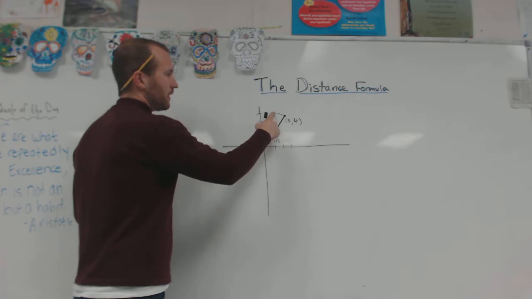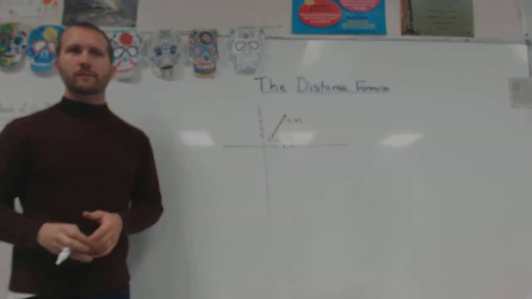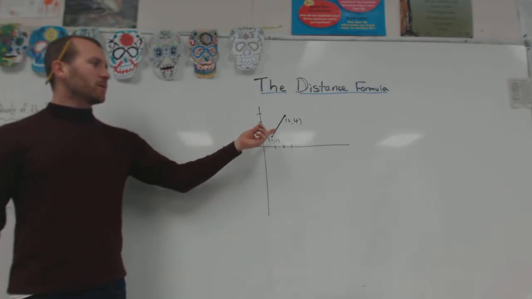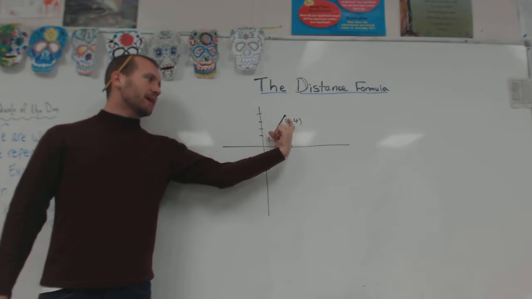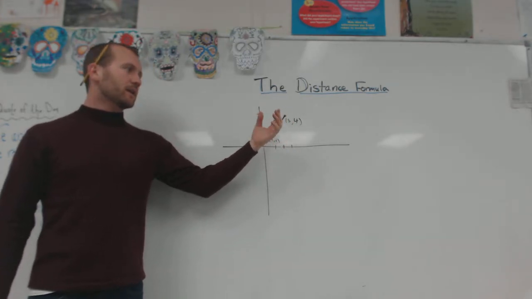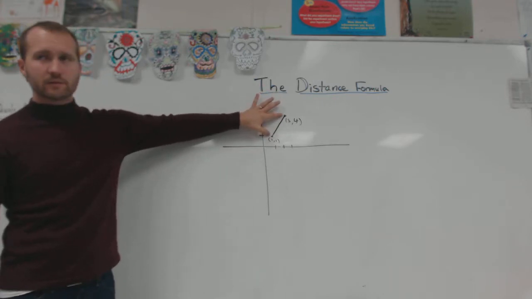The shortest distance will always be a straight line connecting those 2 points. So what we're really trying to figure out is what is the length of this line. That's what the distance formula is trying to tell us. How far from here to here, how long is this line that connects these 2 points?